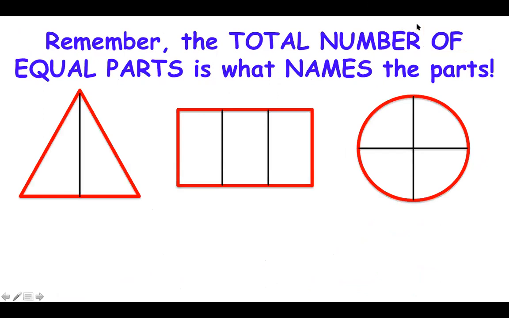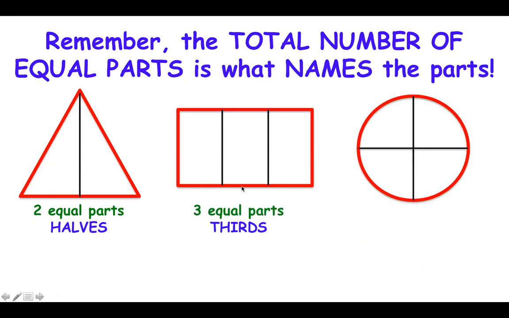Remember, yesterday we learned that the total number of equal parts inside of a whole shape names the parts. So if there are 2 equal parts, like in this triangle, the 2 equal parts are called halves. If we have 3 equal parts, like in the middle rectangle, the parts are called thirds.